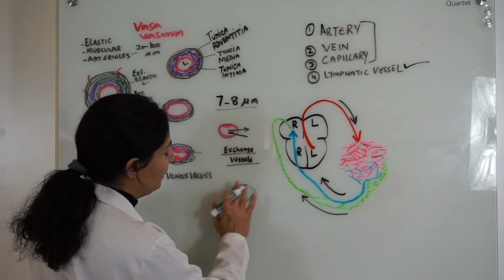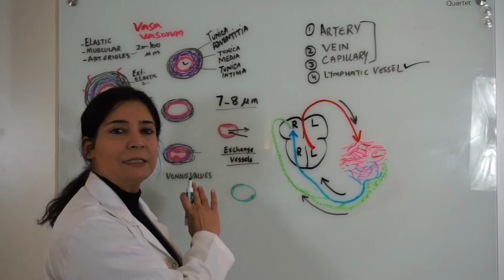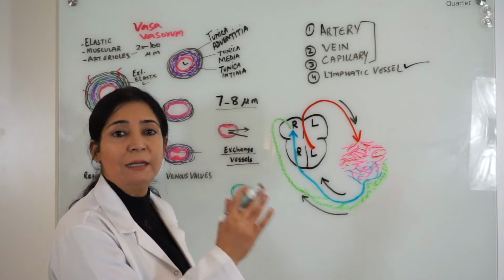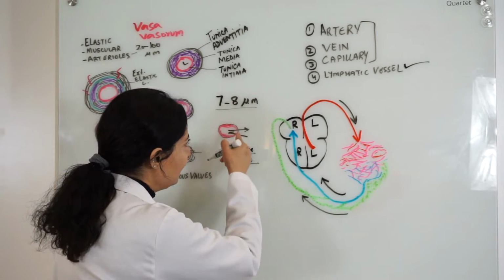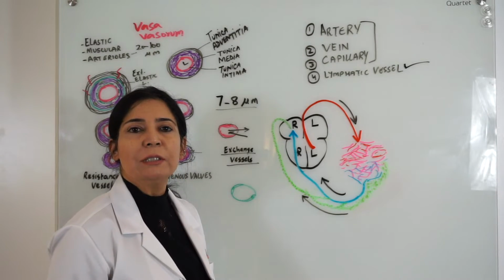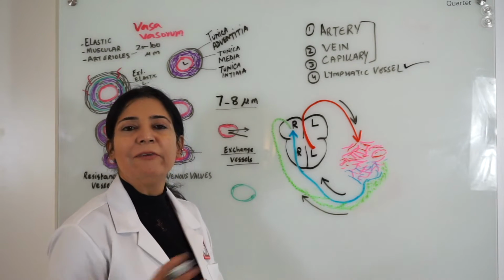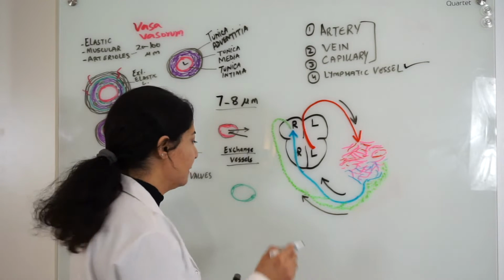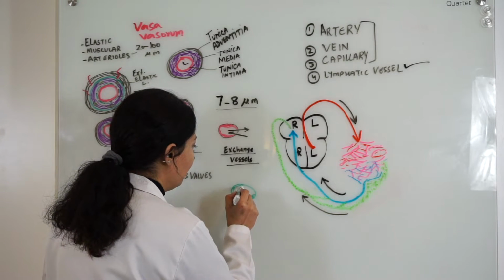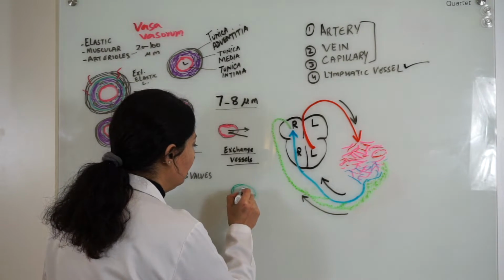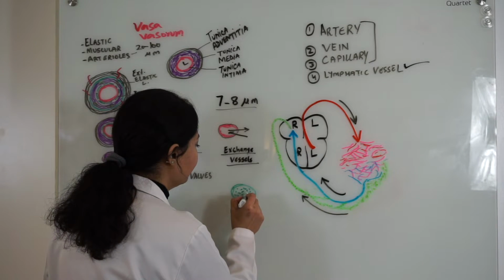They are resting on the basement membrane. This is a cut section through a lymphatic capillary, and you can see the difference. I haven't used the red color because the lymphatic vessels do not have red blood cells in them, right? So inside the capillary lumen, the lymph is flowing.